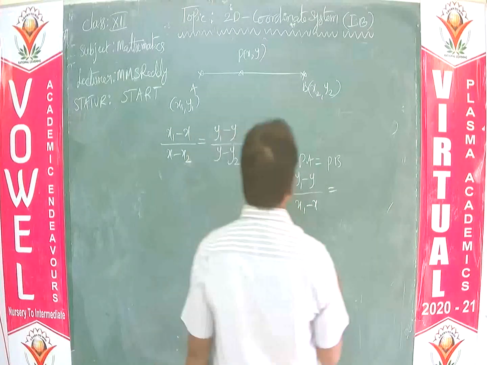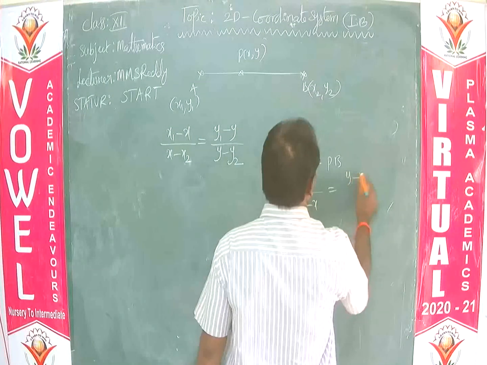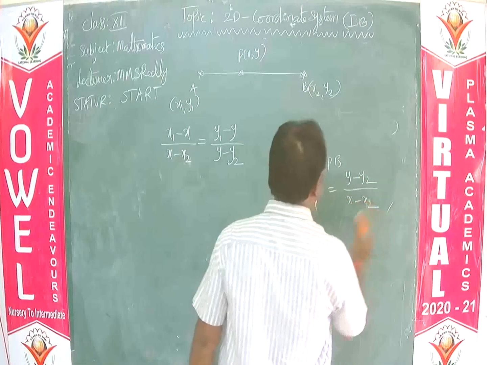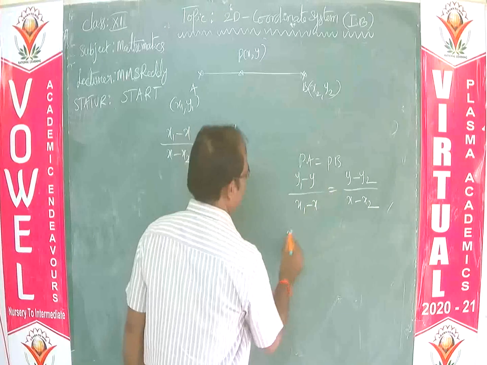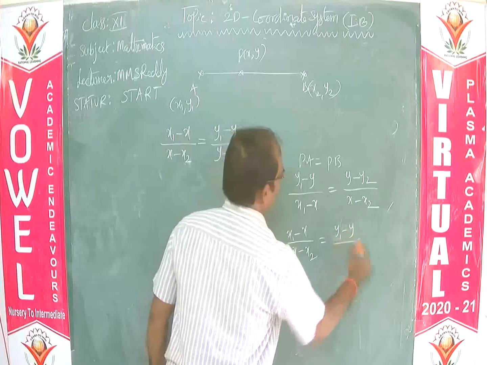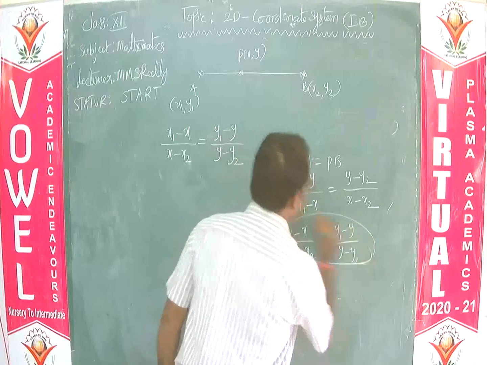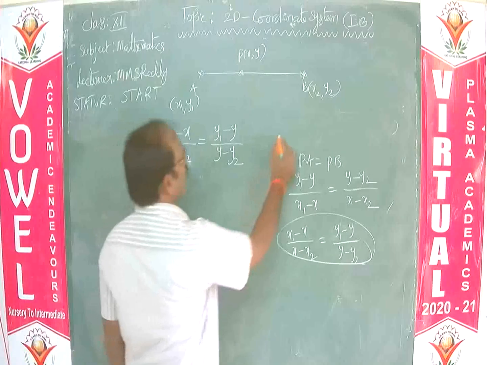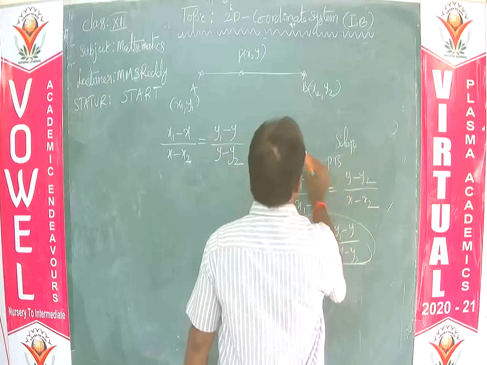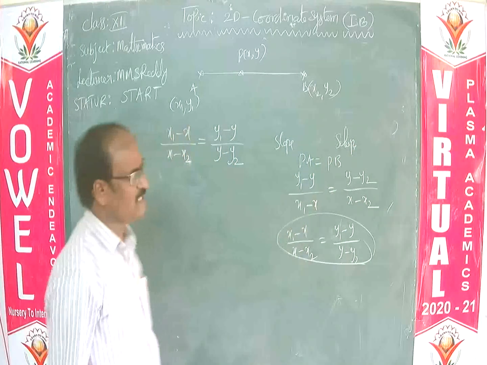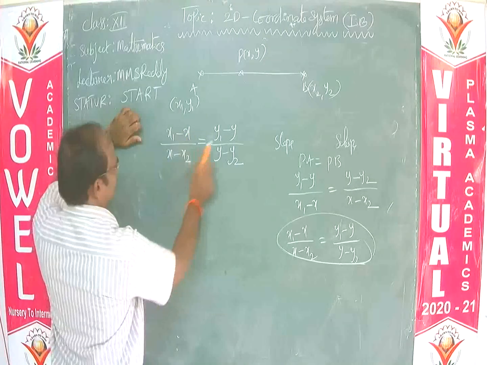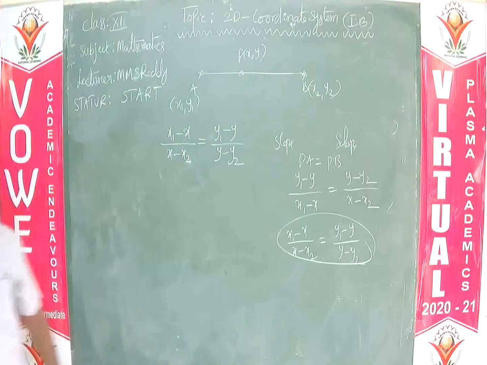Slope of PB is y minus y2 by x minus x2. Then cross multiply: x1 minus x by x minus x2 equal to y1 minus y by y minus y2. Is the point clear? Slope of PA equal to slope of PB, so by using this concept we can write x1 minus x by x minus x2 equal to y1 minus y by y minus y2.